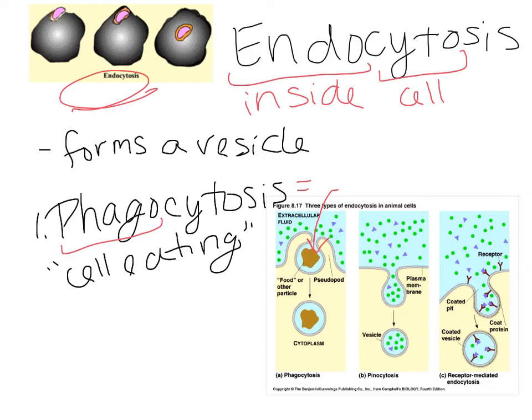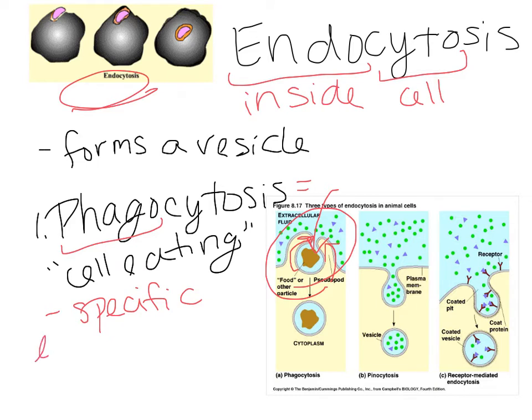You can see phagocytosis happening here in this picture. There is a larger particle out there that the cell is basically going to reach out and grab and bring back in. It's looking for something that's specific usually. So phagocytosis can be specific to a particular particle.